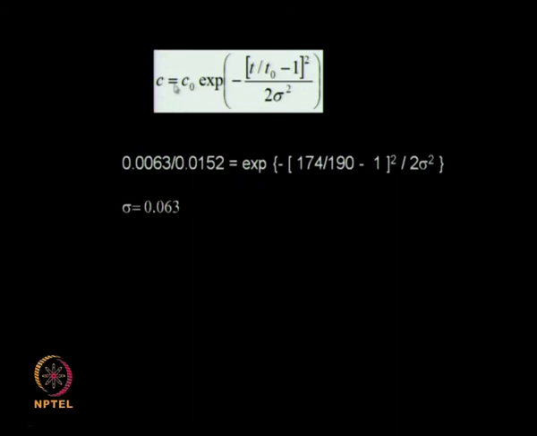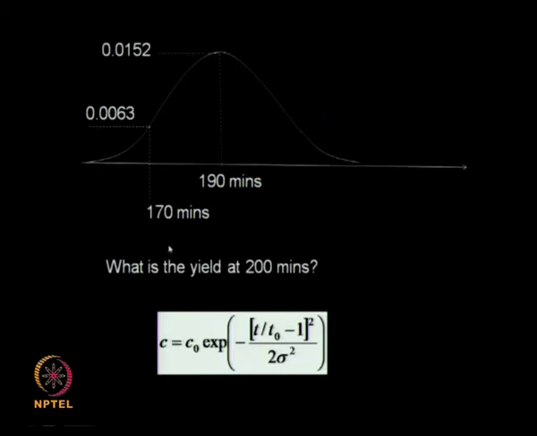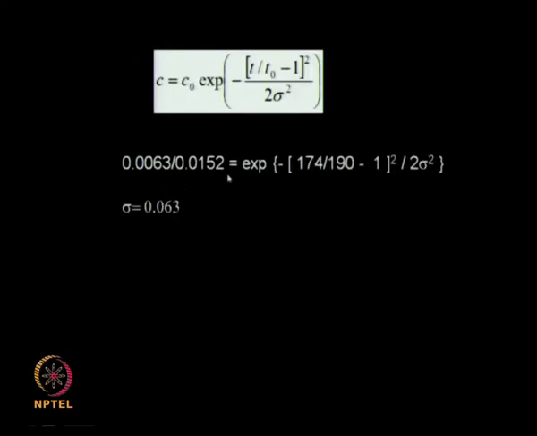So I come back again, same equation, C is given as if you go back at 170th minute, C is 0.0063, C naught is 0.0152, right. So C naught is 0.0152, C is 0.0063, T is 170 minutes, T naught is 190 minutes. So I can substitute all these terms and I will calculate the sigma.